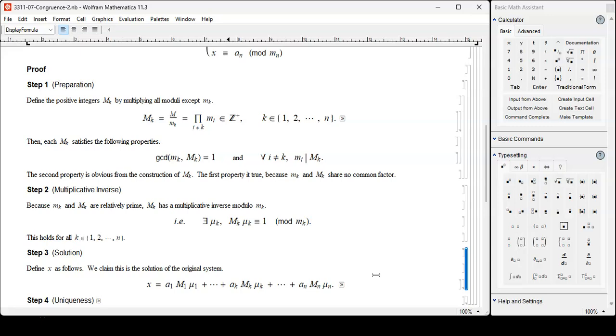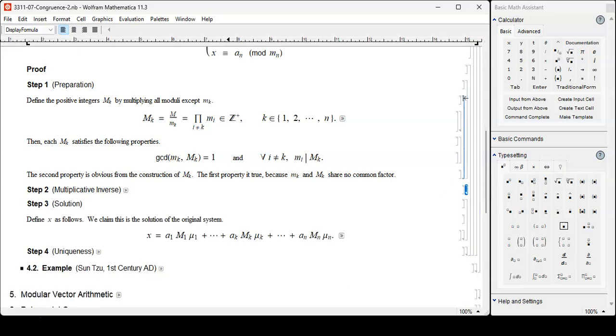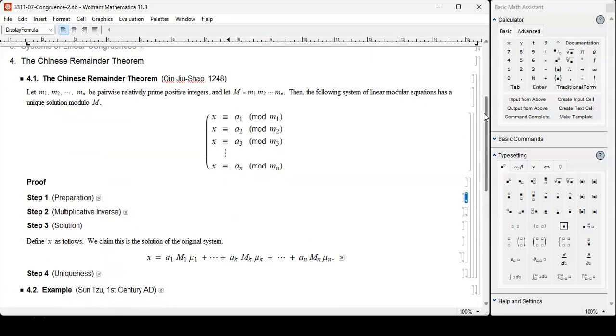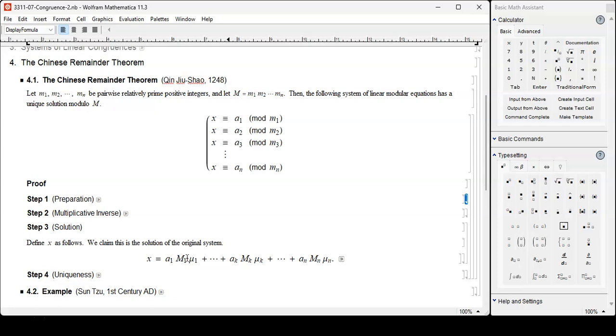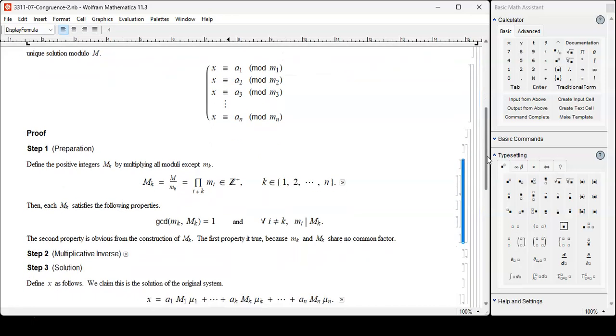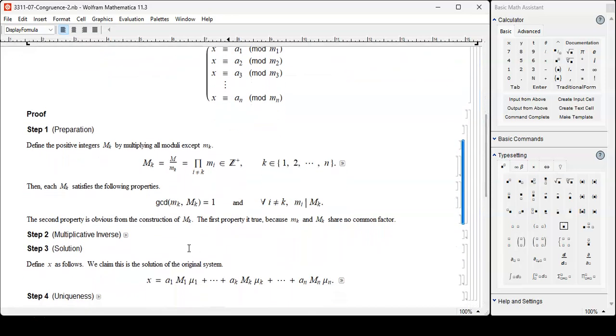Let's see. It's not too difficult to see that this is actually a solution. This capital M1, oh, I was a bit premature closing everything. This capital M1 is the product of all the mi except for the first. And capital M2 that comes next is the product of all the mi's except for the second and so on.